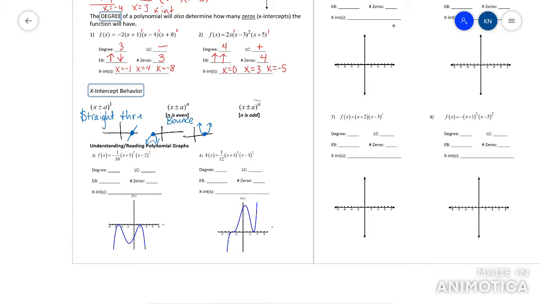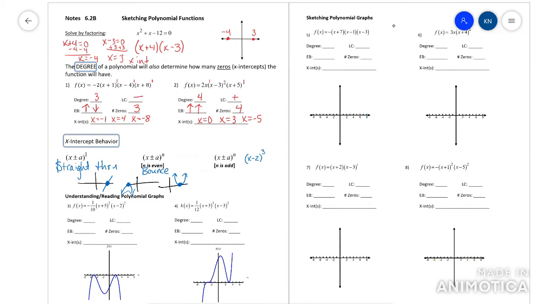All right, and then if it's an odd exponent, I don't see any here, but imagine x minus 2 cubed. It's going to be a concavity change. These are rare, but it's a concavity change. And what that means is it's like a cubic shape almost.